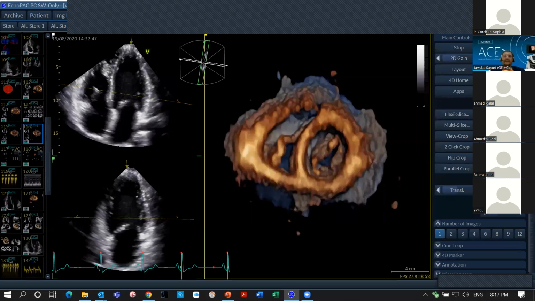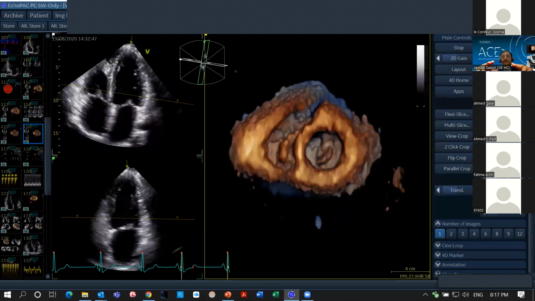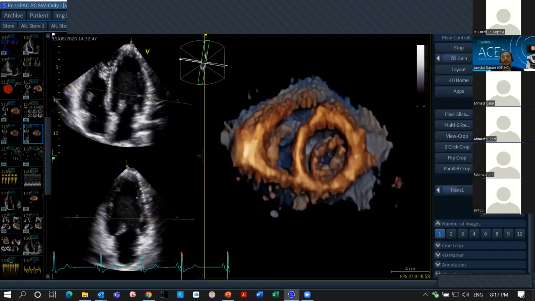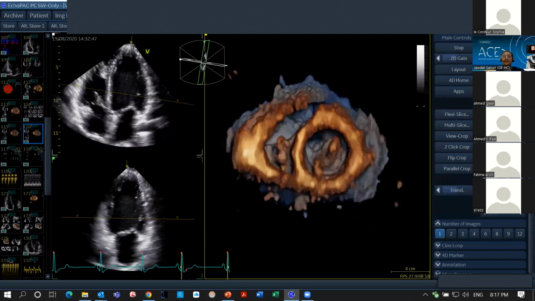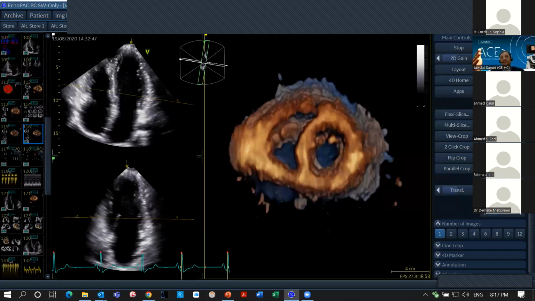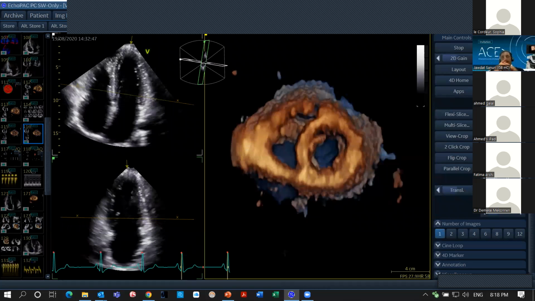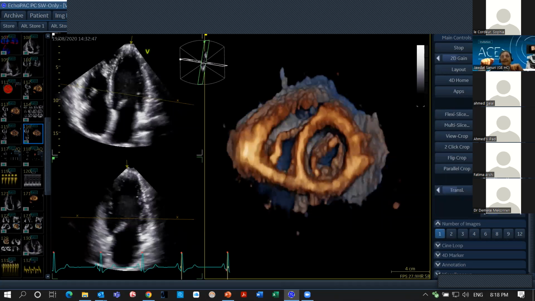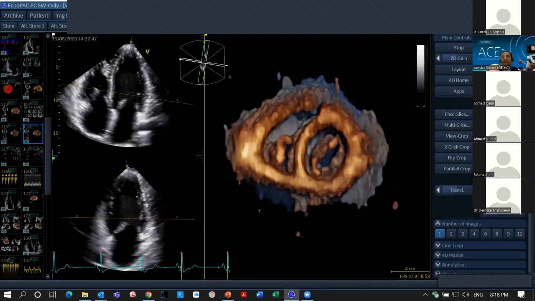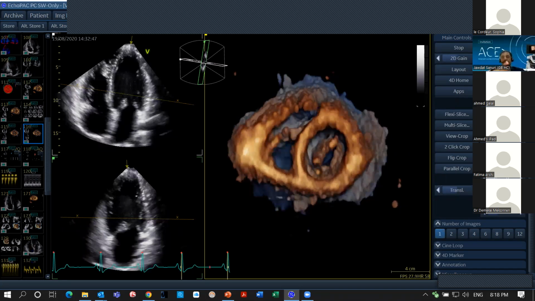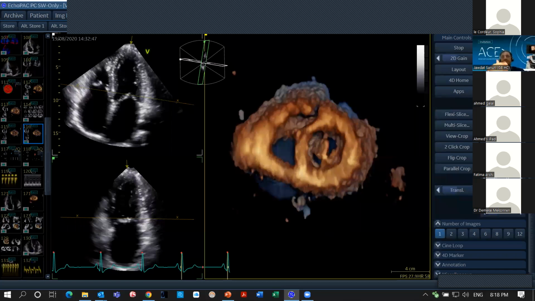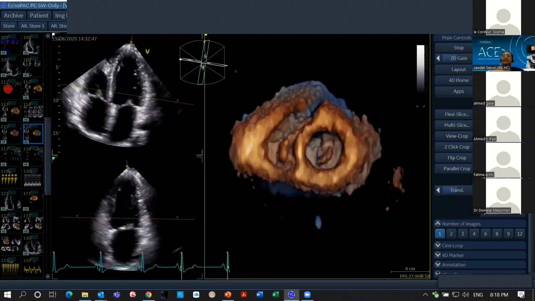Yes, it is valid. First of all, if the technician does the measurements on the Echo machine and transfers it to Tomtec, because Tomtec uses the DICOM language, part of the DICOM transferred data, which is images, there's also DICOM SR, the DICOM structured report, which is the measurement that will also be labeled.